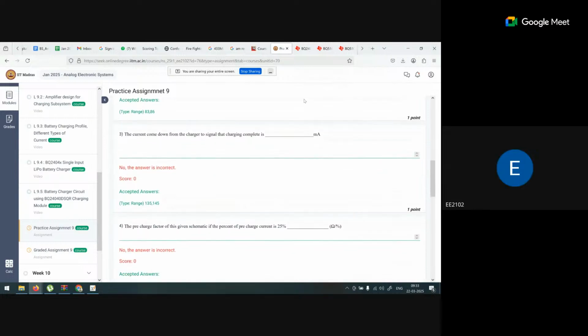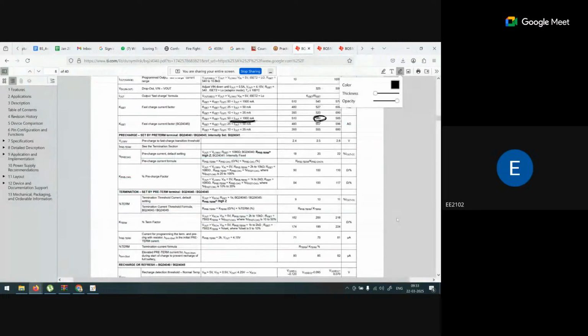Okay. Now if you see this particular one, the pre-charge factor is 100.